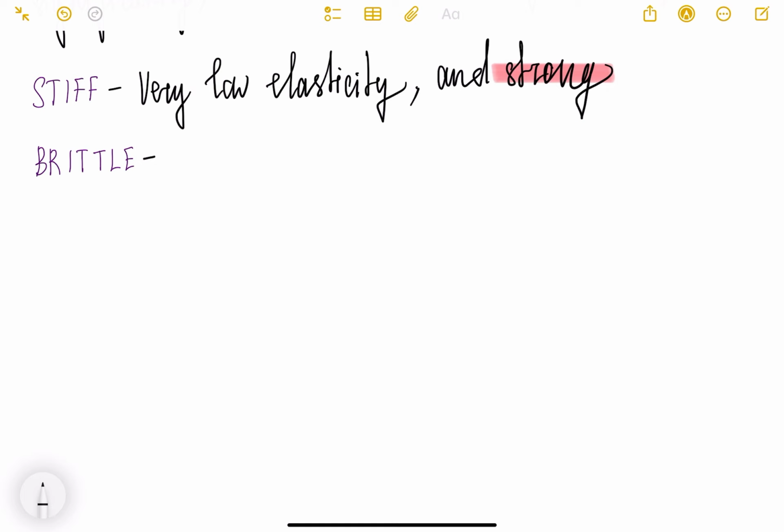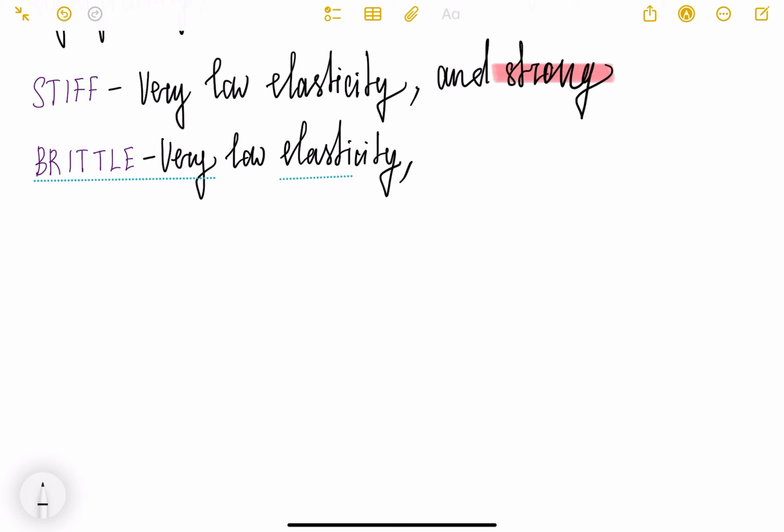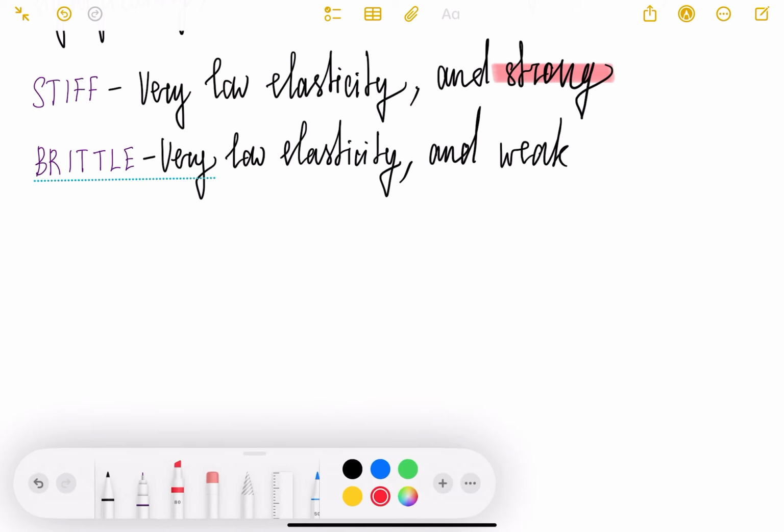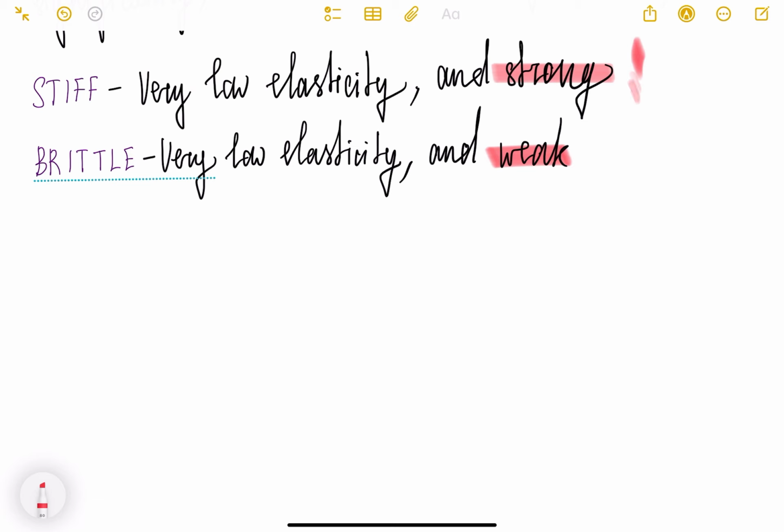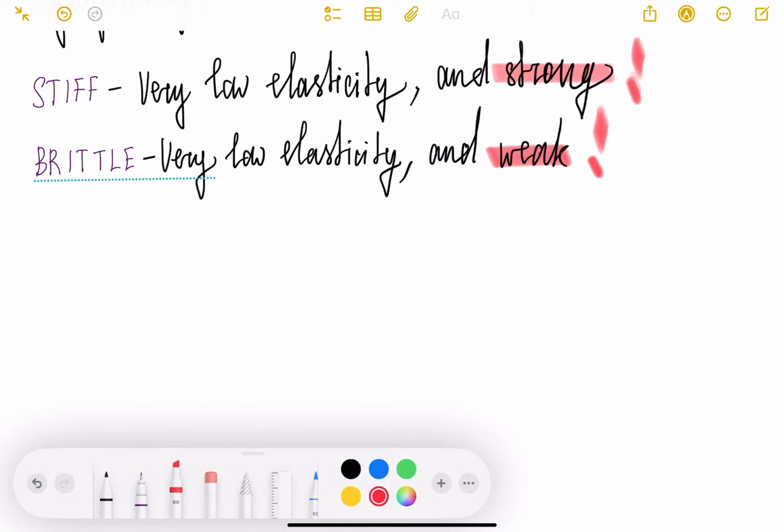It also has very low elasticity and is weak. A stiff material is strong, a brittle material is weak. And the best example of a brittle material is glass.